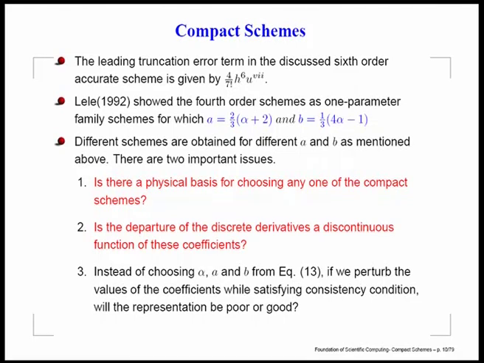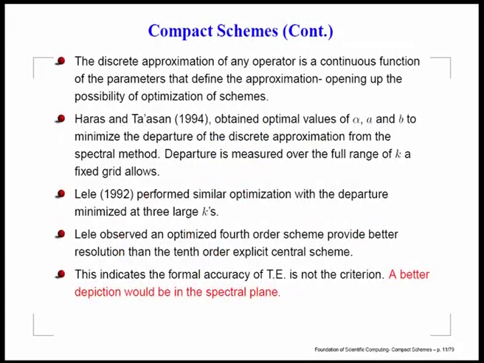That's the question that we posed here, whether they are discontinuous or continuous functions, and we did come later and discuss furthermore, saying that they are indeed continuous functions, and that opens up the possibility of obtaining optimized schemes. You can optimize it.